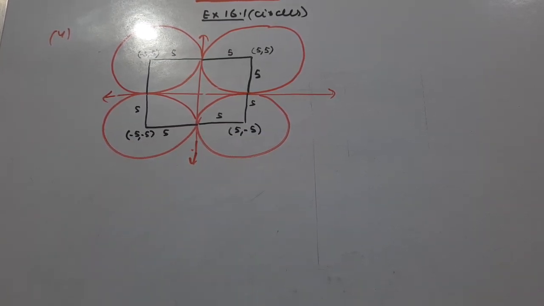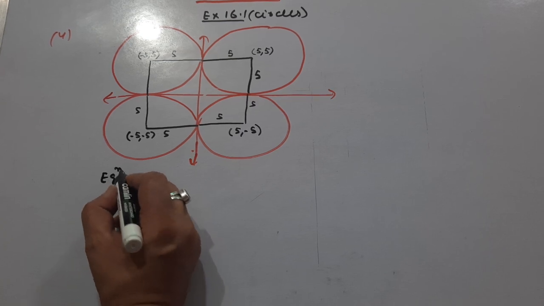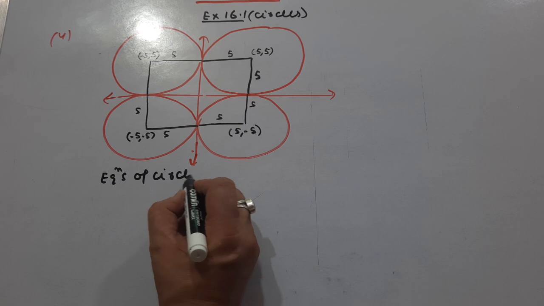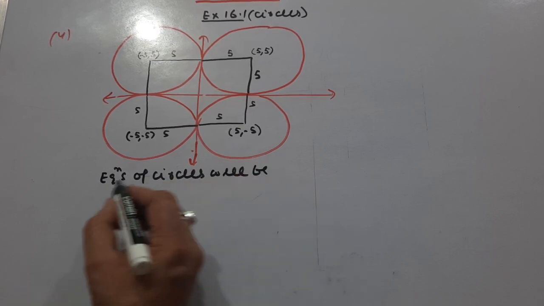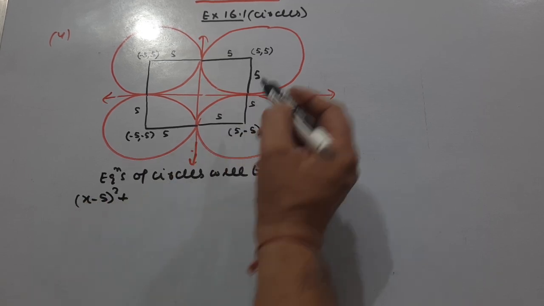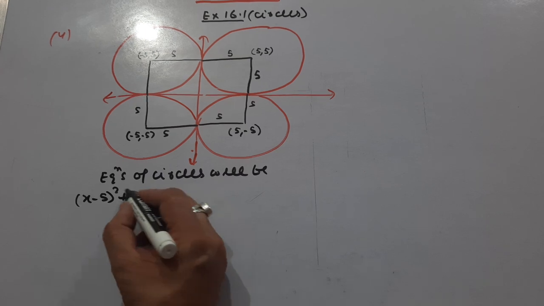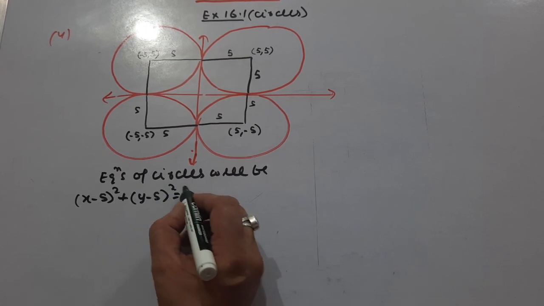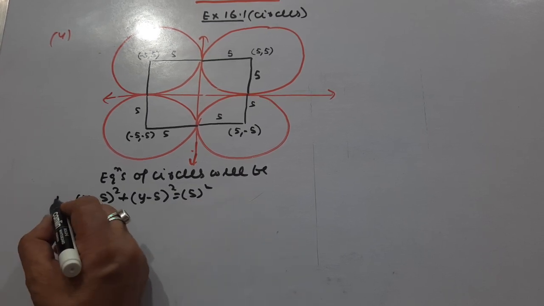So students, there are 4 cases possible, so the equations of circles will be: first, (x minus 5) whole square plus (y minus 5) whole square equal to 5 square, because center is (h, k) and radius is 5. So this is the first equation.